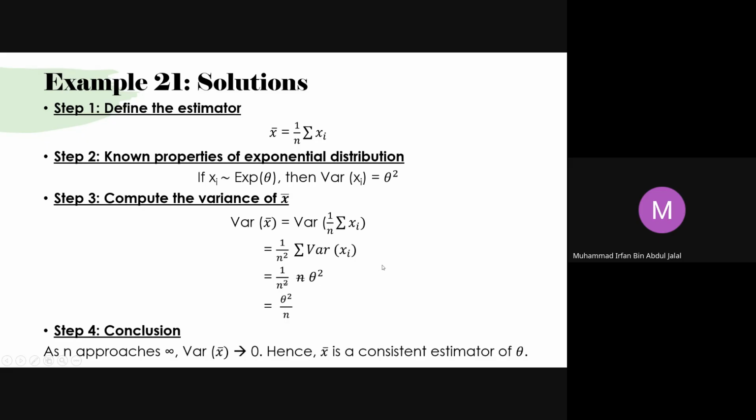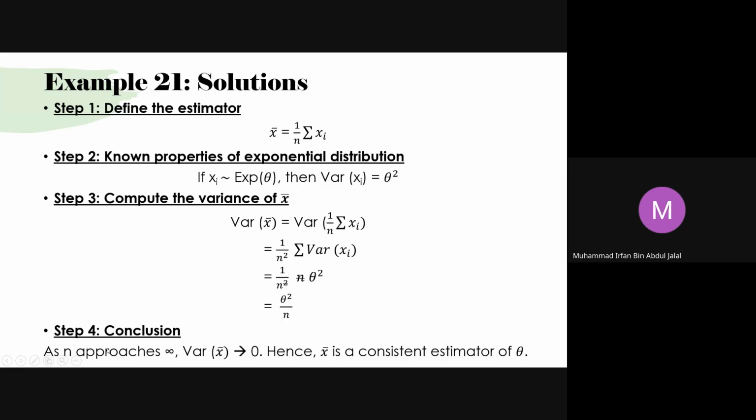For better explanation, I will put the identity here because I forgot to put it. This can be considered as a sample from IID exponential distributions. Based on this quantity, as the sample size grows larger and larger and you fix theta to a certain known value, this quantity becomes smaller and smaller and approaches zero.